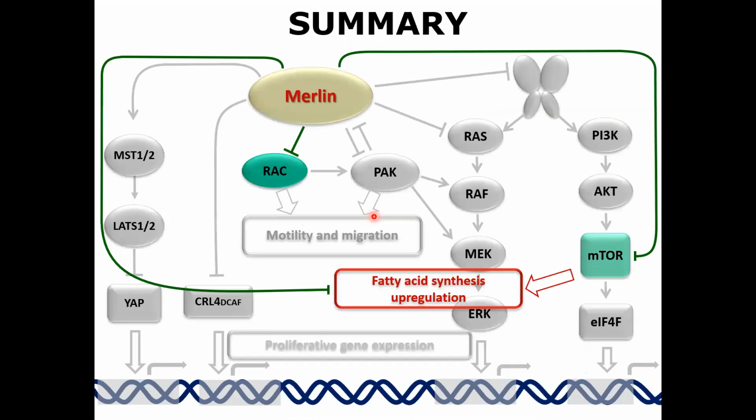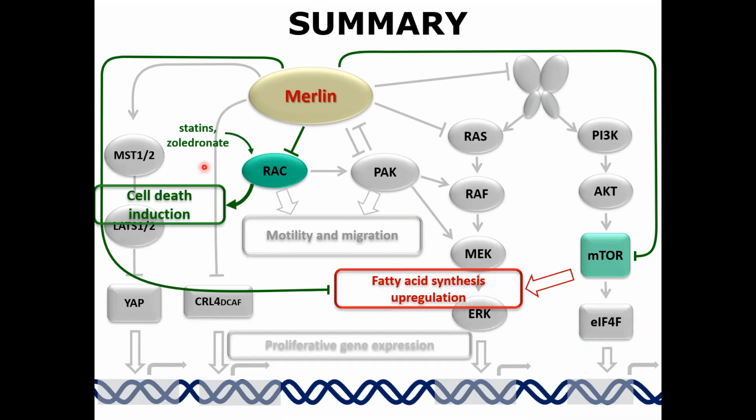And to summarize our findings and the application of genetic technologies in novel drug development, I just want to say that we found the first target for NF2, which is fatty acid synthesis, and that can also be modified by Cyrilline and other inhibitors.